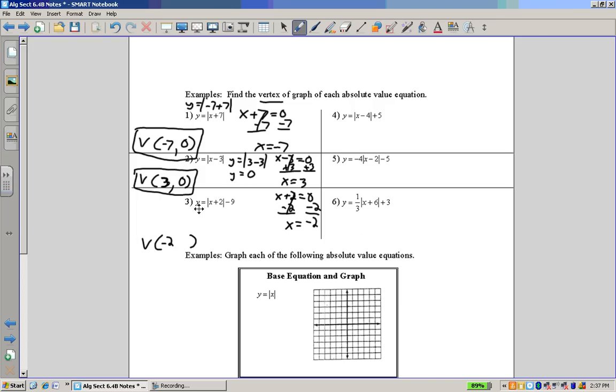And now I'm going to plug it in. Negative 2 plus 2 is 0. The absolute value of 0 is 0. 0 minus 9 is negative 9. So there's my vertex.